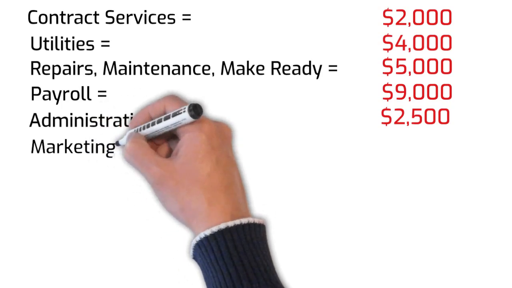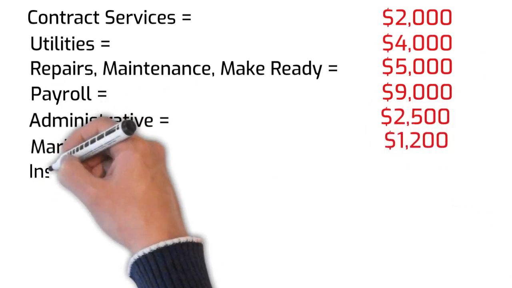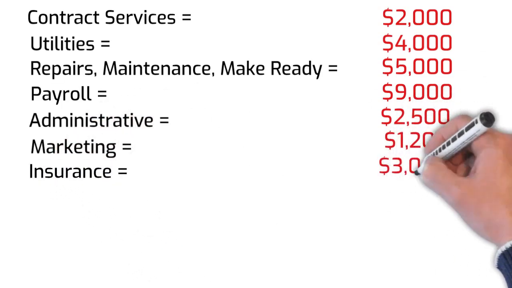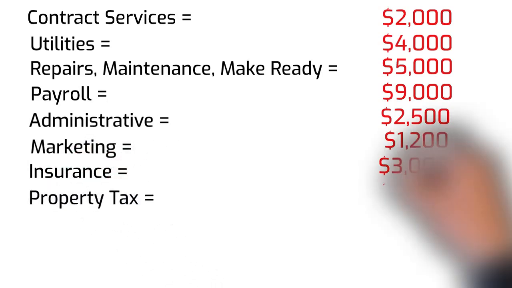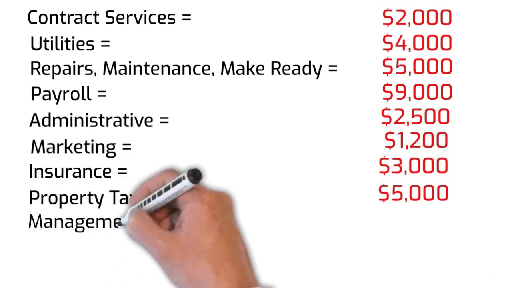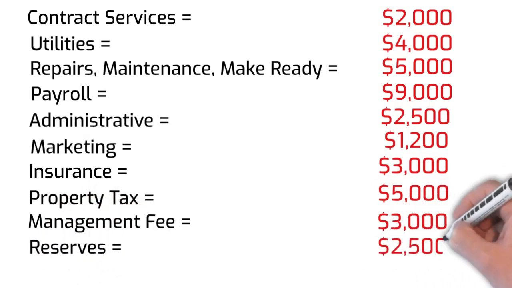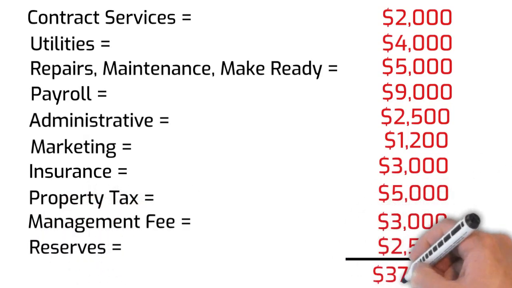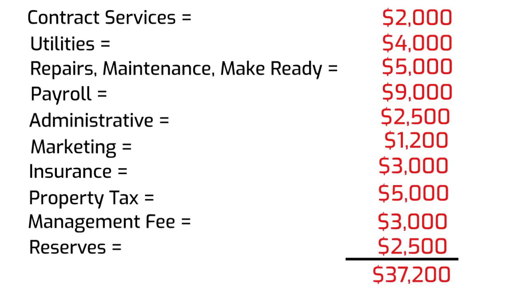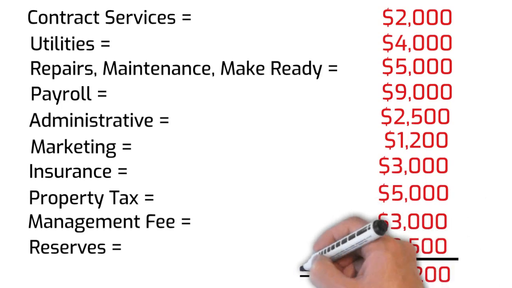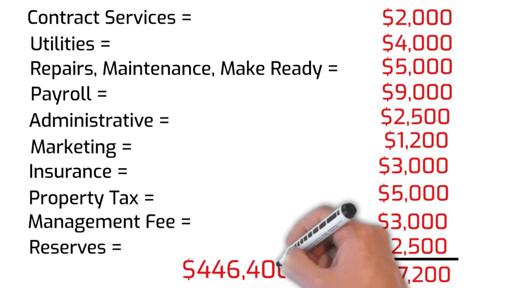Marketing was $1,200. Property insurance was $3,000. Property tax was $5,000. Property management fee was $3,000, and capital reserves were $2,500. So the total operating expenses for the month were $37,200, which annualized equals $446,400.